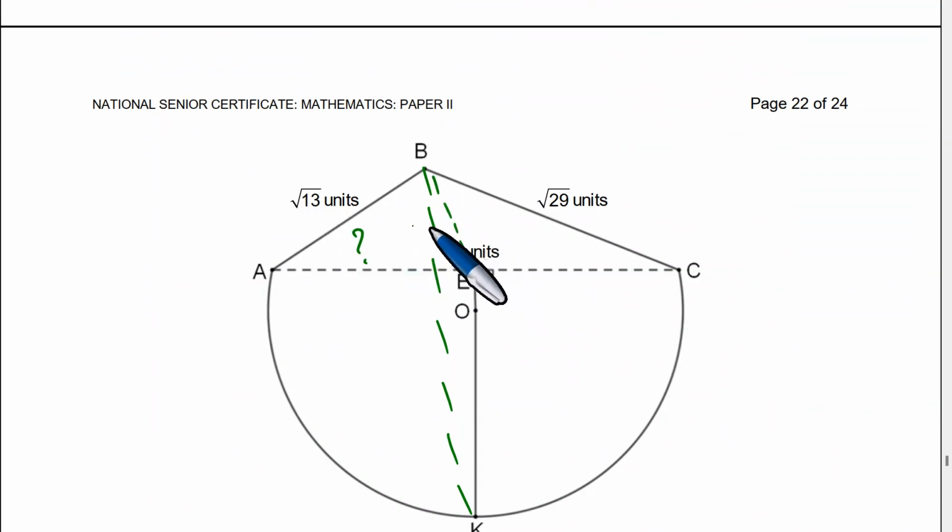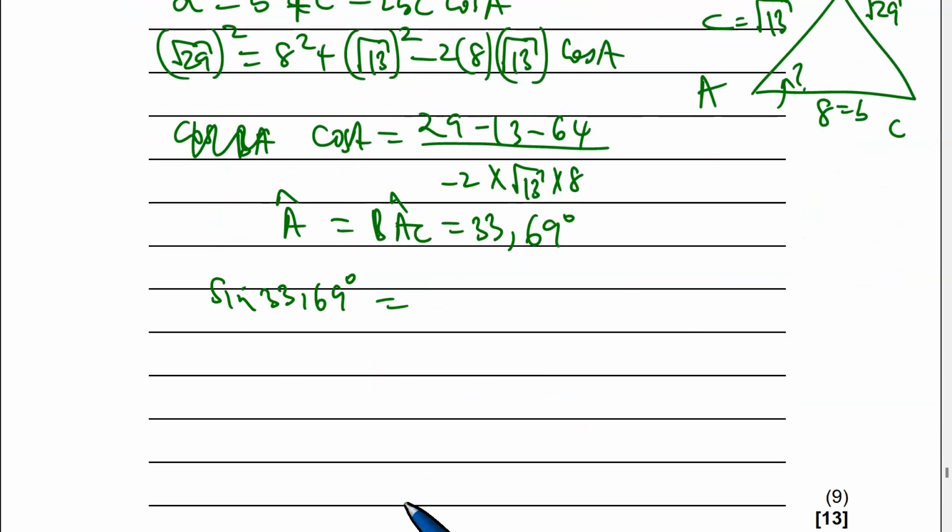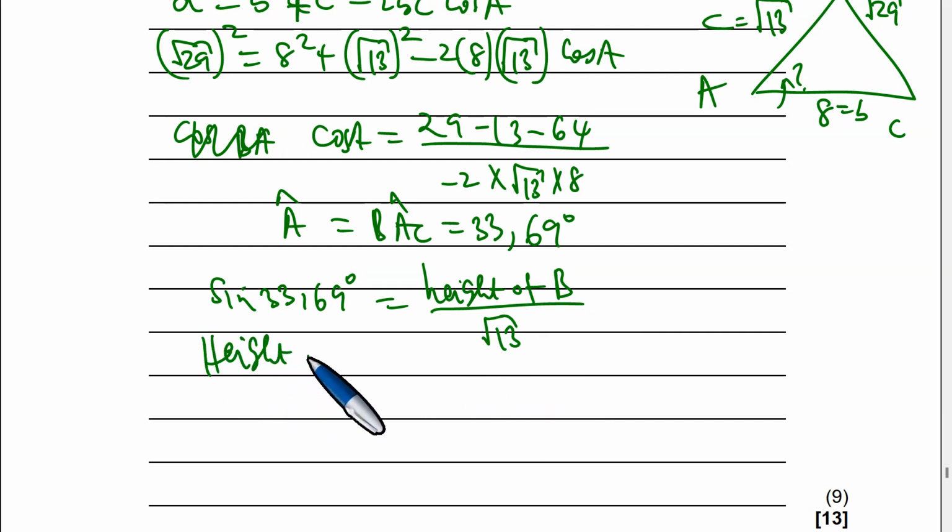So there's going to be the height of B, the sine of this angle is going to be the height of B over the hypotenuse, which means the height of B is actually equal to, if you multiply the sine of the angle times the square root of 13 and use a calculator, you'll get that the height of B is actually 2 units.